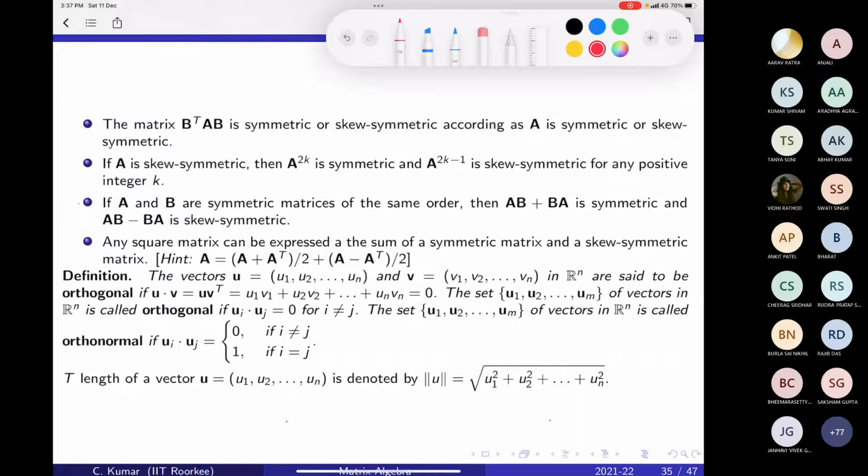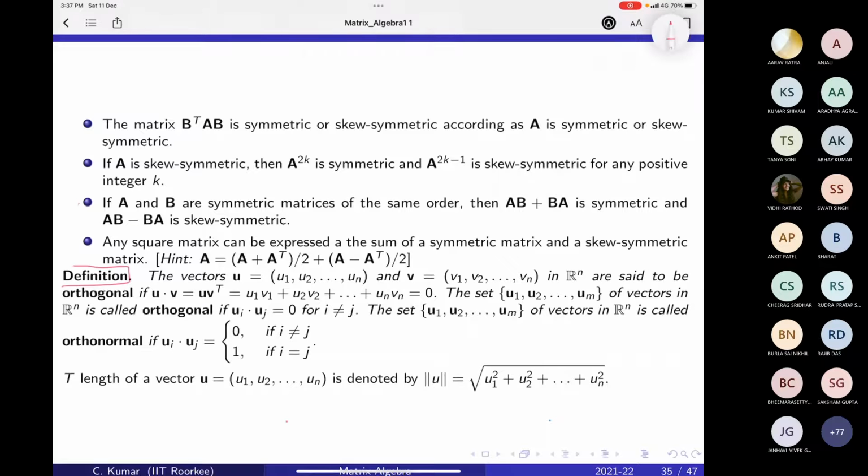Okay, so now we move to the next definition. You have, let us say, a vector u. The components of the vector are u1, u2, so on to un. Another vector v has components v1, v2, vn. These are vectors in Rn, because we have n components in each of these vectors.